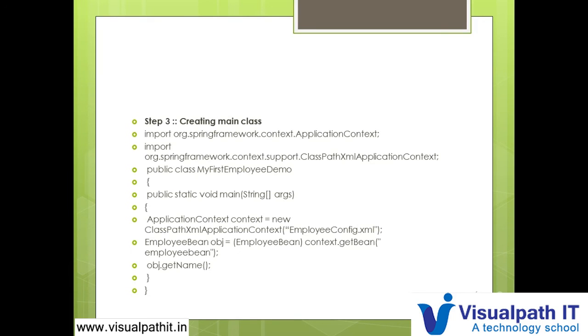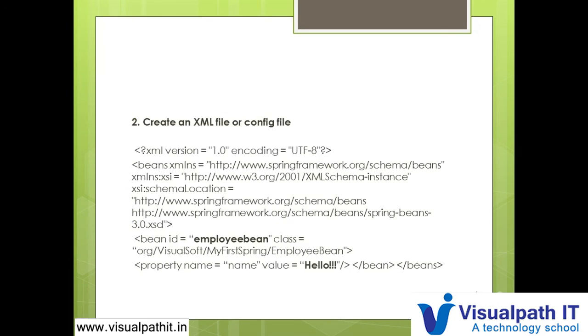Here my class is MyFirstEmployeeDemo, and here I am getting the bean name. Here we are basically getting the employee bean, the name, and object.getName. So ClassPathXmlApplicationContext is the API which fetches the particular XML.